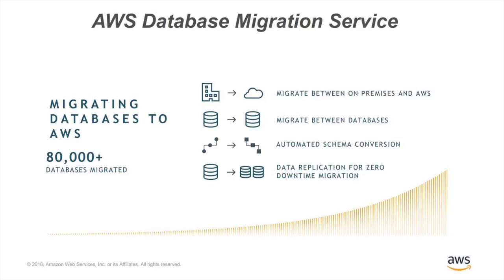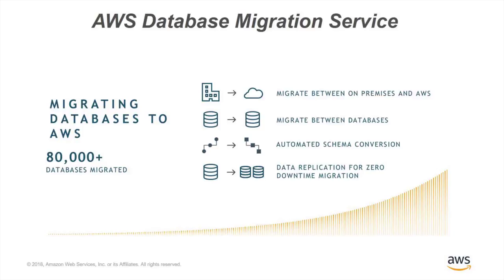Looking at certain numbers related to Database Migration Service, we have currently migrated 80 plus thousand databases successfully. Customers are using this tool to migrate between on-premise and AWS. They are also using it to migrate between databases.